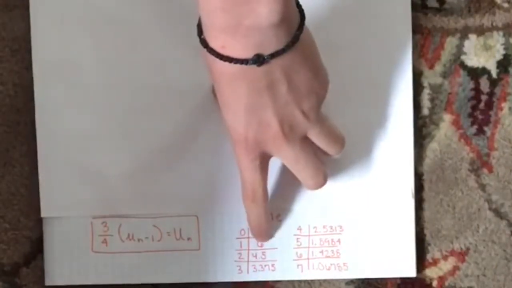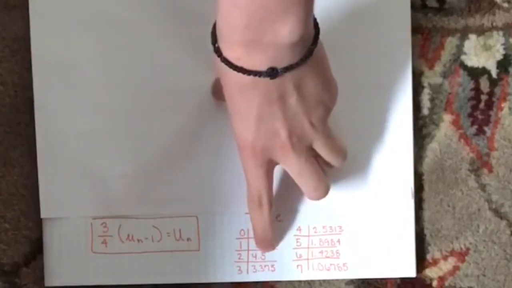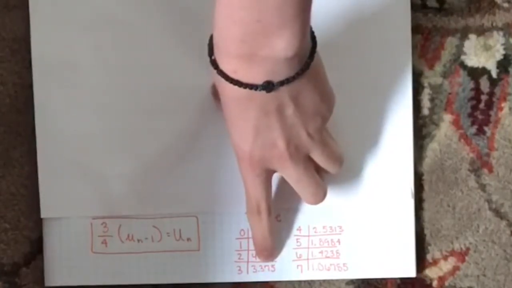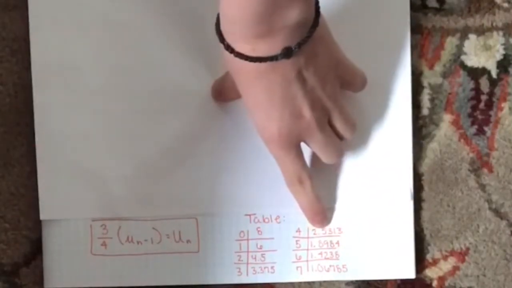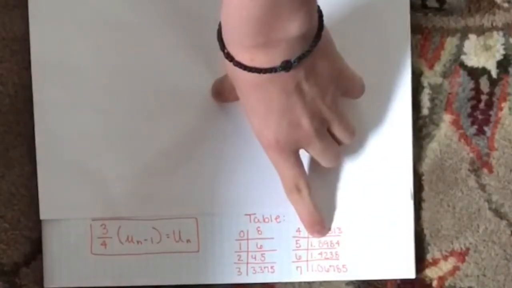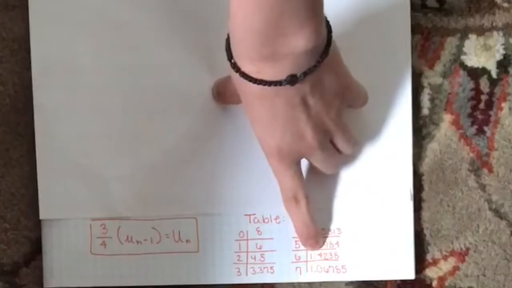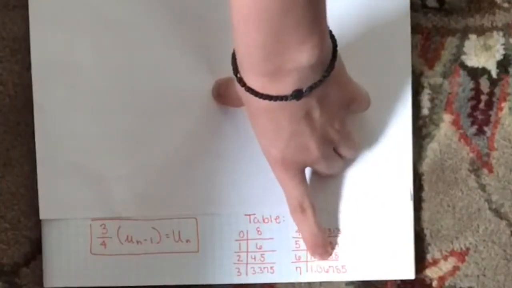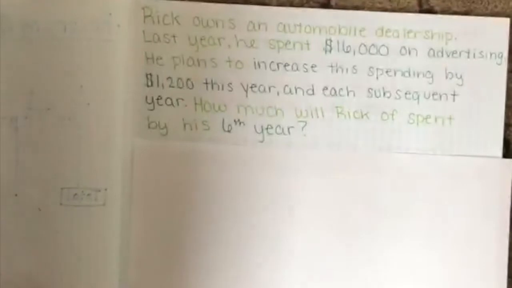So, after the first bounce, it would be 6, multiplied by 3/4 would be 4.5, then 3.375, 2.5313, 1.98, 1.8984, 1.4238, and 1.06785. This is helpful for when you are asked to find the value of a certain term.